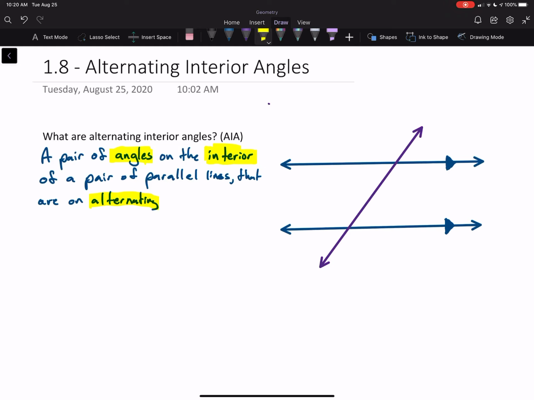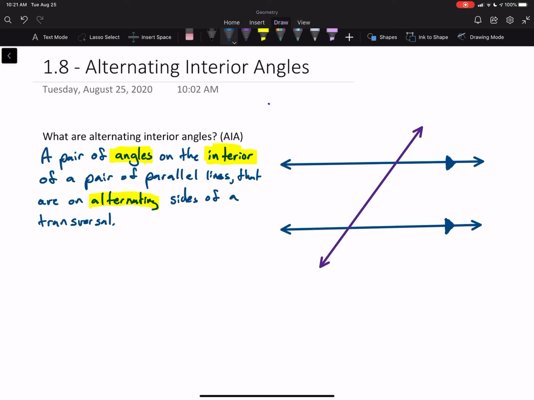Alternating interior angles kind of goes backwards in the definition here, but that's okay. On alternating sides of a transversal. A transversal is that line that cuts in between them here.